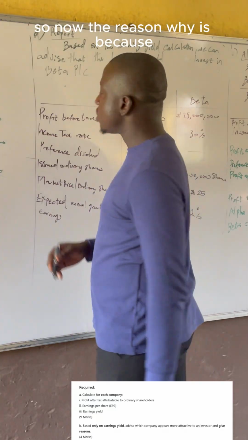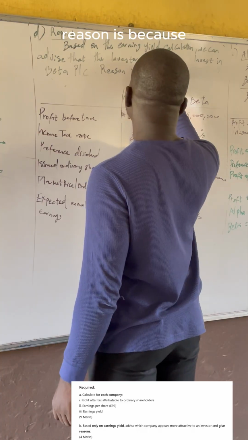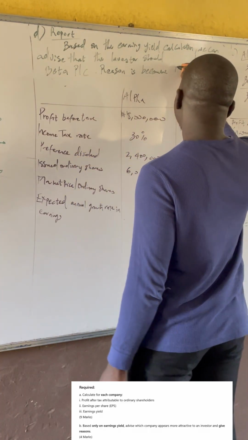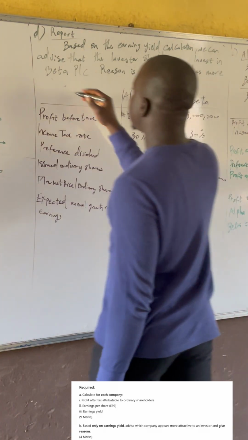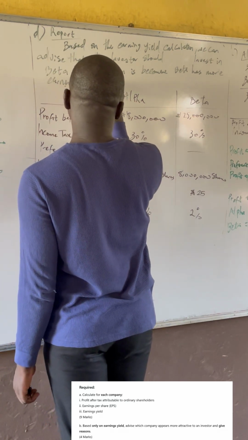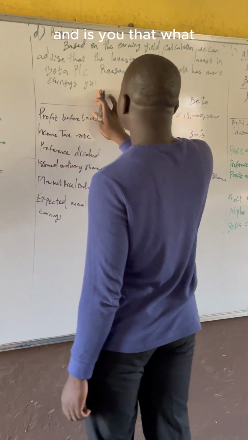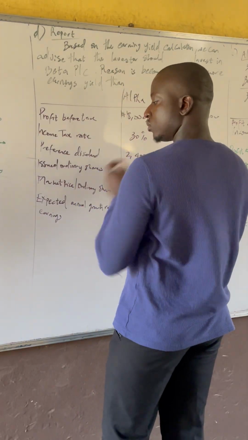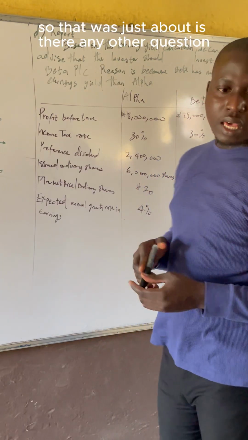The reason is that Beta has more earnings yield than Alpha. So that's it, but is there any other question there?